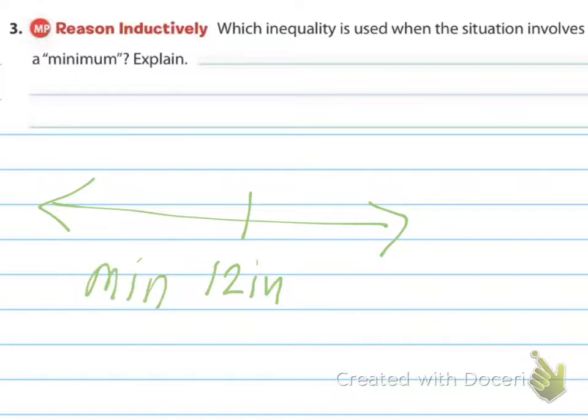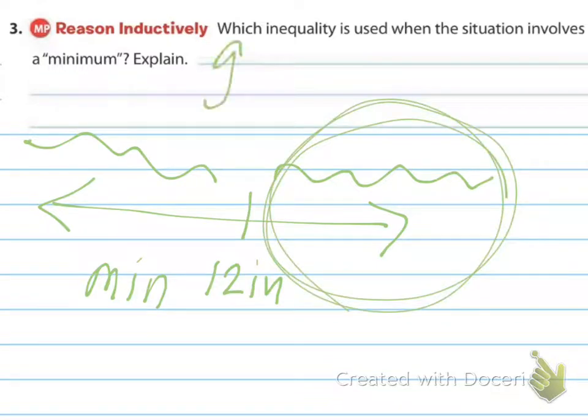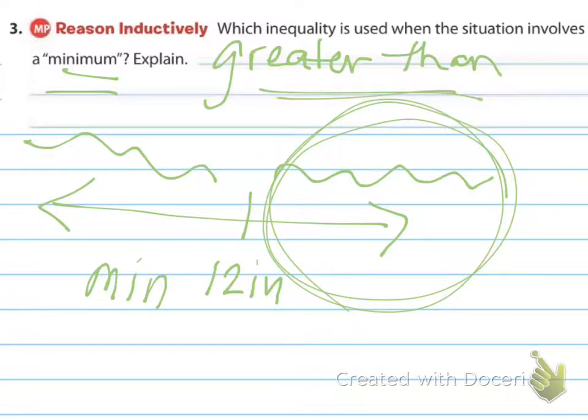What do we need to have in order to be able to keep it? Do we need it to be lower than, or do we need it to be more than? And hopefully you know that we need it to be greater than 12. So the answer we're looking for here is greater than. So when we say the word minimum, think greater than, okay?